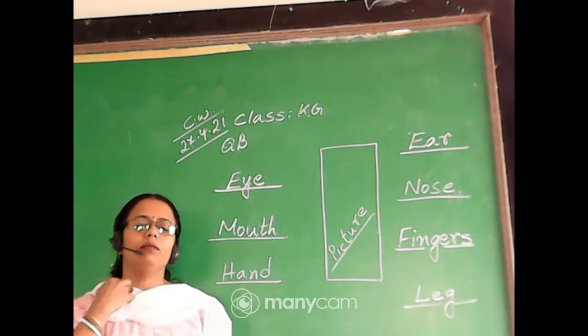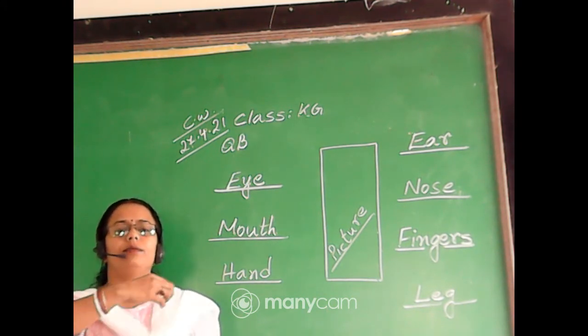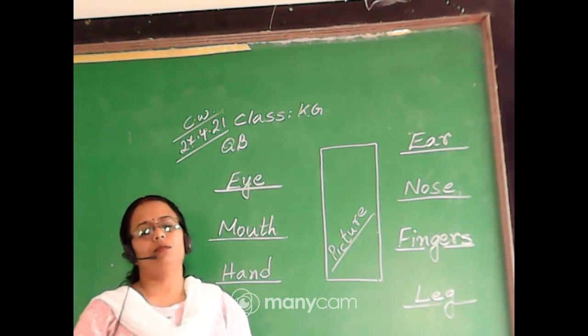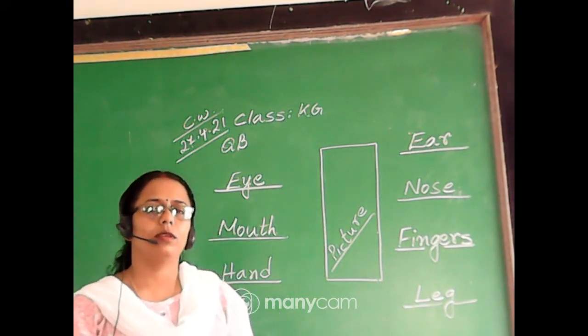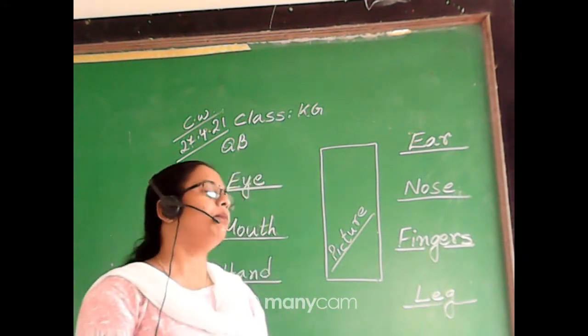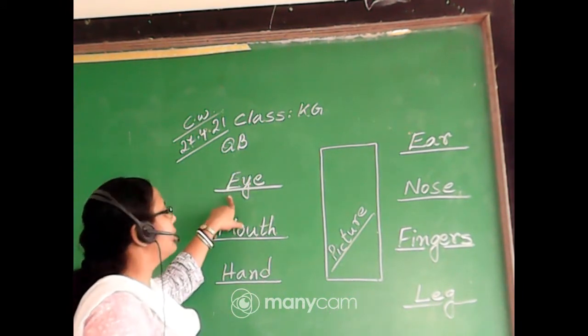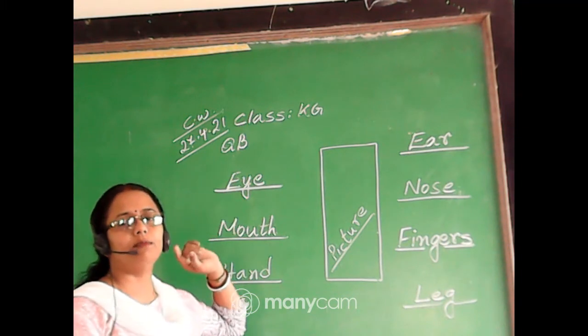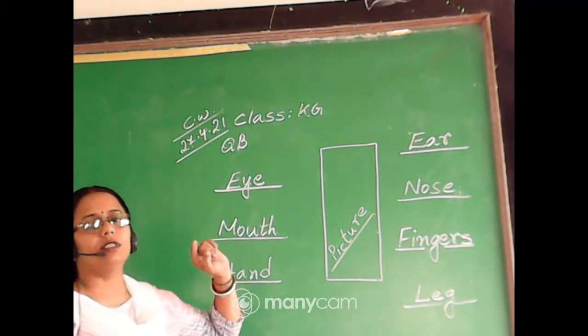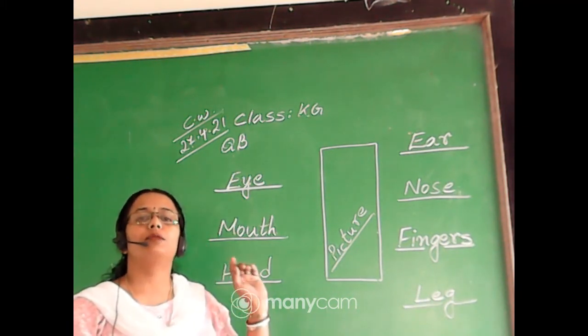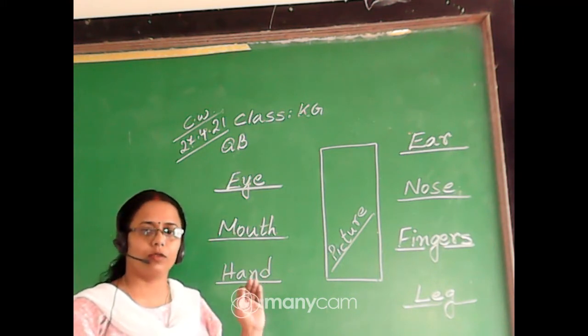Question number B we have done on the board. Question number B is before you. Different parts of the body which have been pointed in the picture. I have just written down the spellings of those parts of the body.